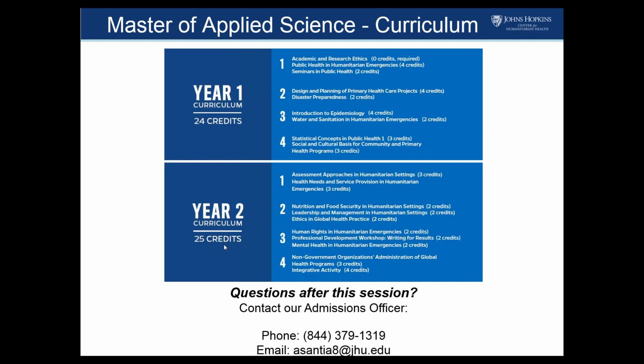So that particular scholarship will bring the tuition from $1,128 per credit down to $695 per credit. And over the 49 credits of the program in total, that will give you an opportunity to bring the tuition down overall to about $34,000.